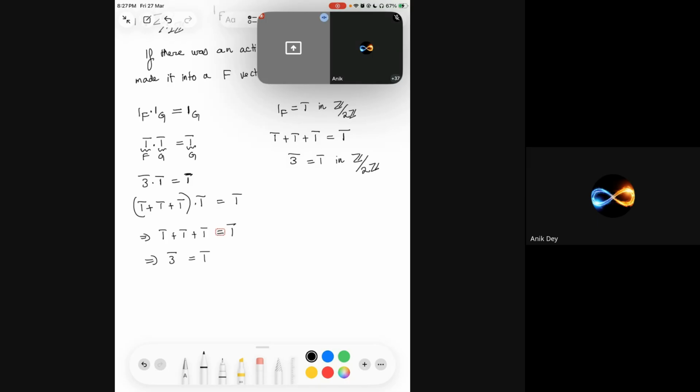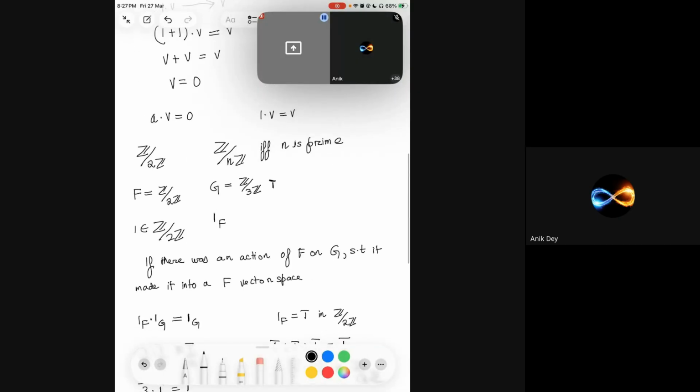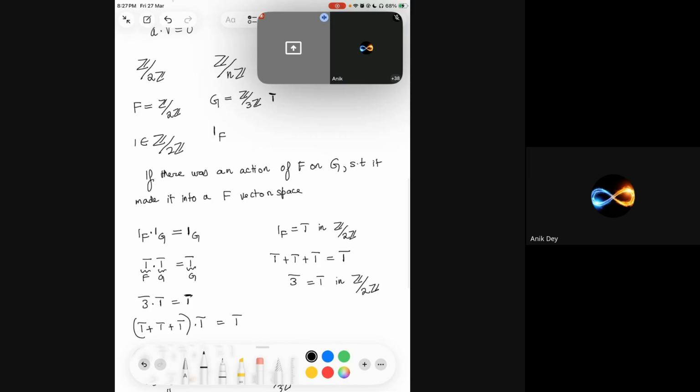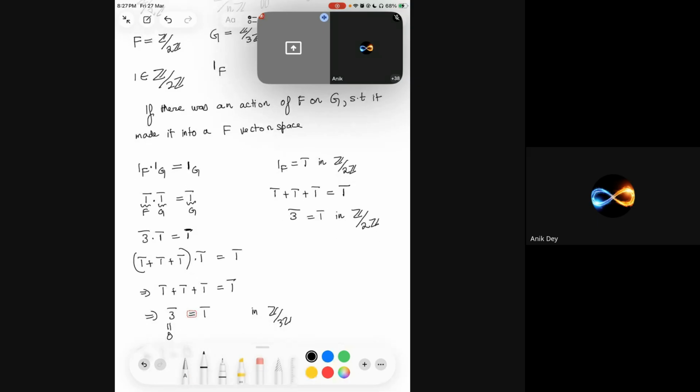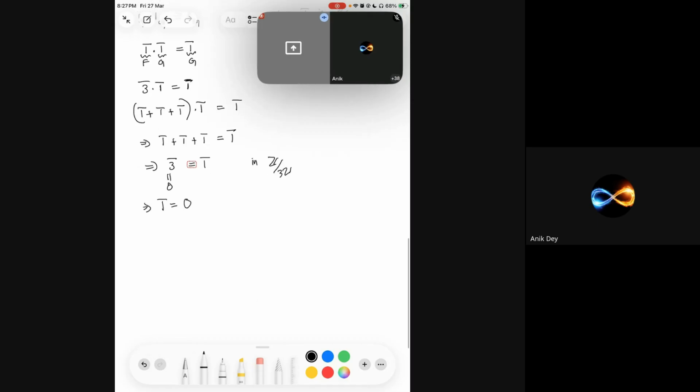But in Z by 3Z, 3 bar is 0. So the generator is equal to 0, which is a contradiction. So it is not always possible, given any field and any group, to make it into an F vector space, even if G is an abelian group. Okay, so the first question went.